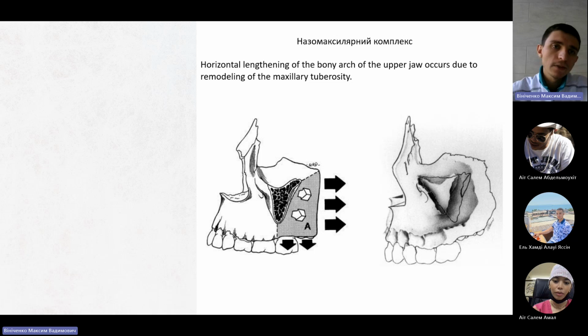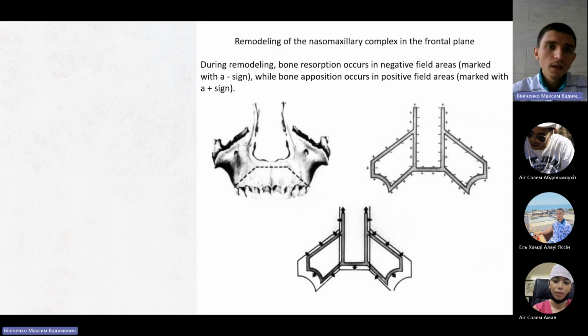So we said that horizontal lengthening of the bony arch of the upper jaw occurs due to remodeling of the maxillary tuberosity. Remodeling of the nasomaxillary complex in the frontal plane. During remodeling, bone resorption occurs in negative fields area. It is marked with the minus sign. So here you can see it.